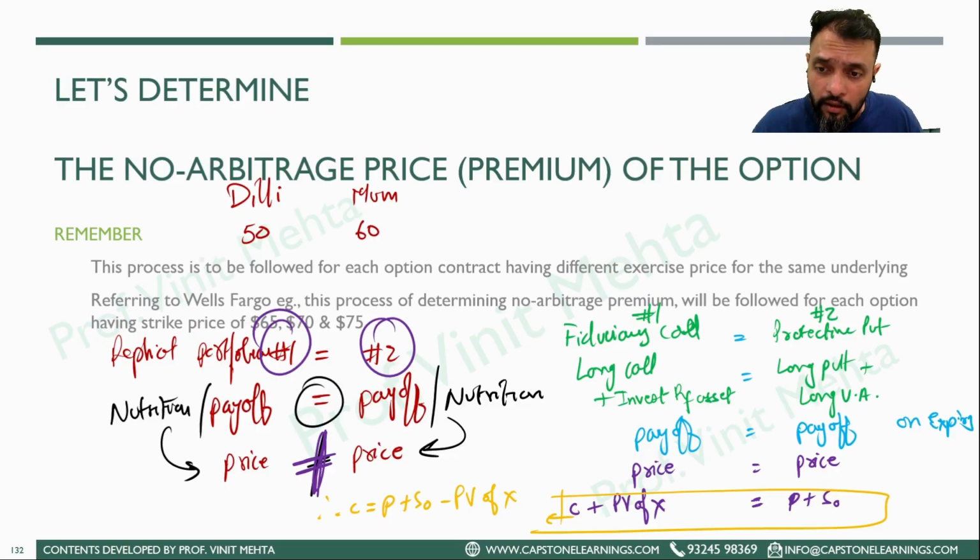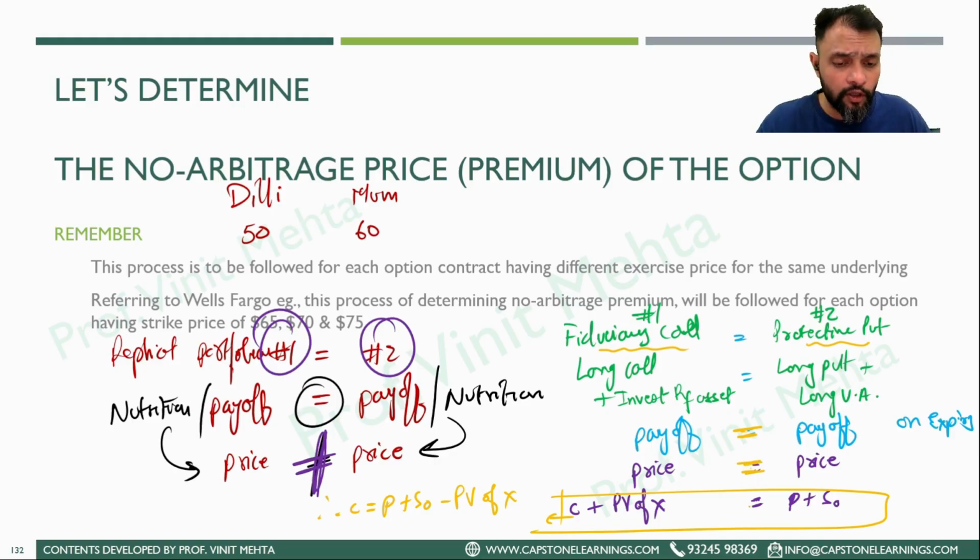Are you getting it? So I'm just summarizing it for you. I have created two portfolios, which are fiduciary call and protective put. What does this portfolio consist of? Well, fiduciary call consists of long call and you invest in risk-free asset, and protective put, you invest in long put and invest in long underlying asset. Now, it turns out both portfolios will have the same payoff, and if the payoff is same, the price is same.